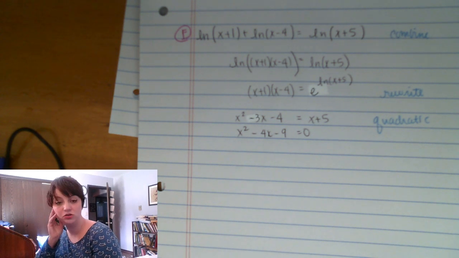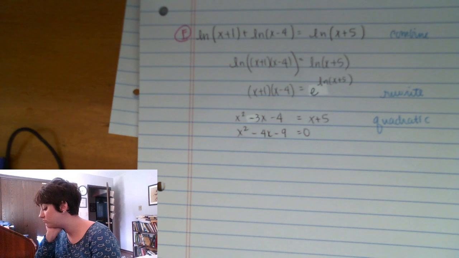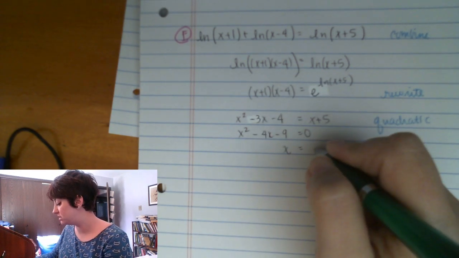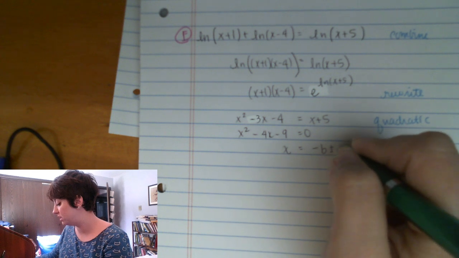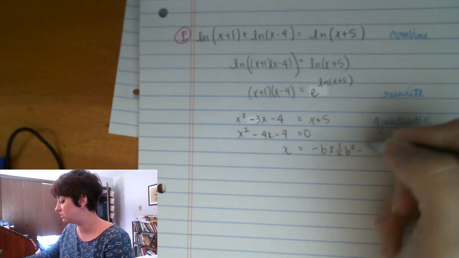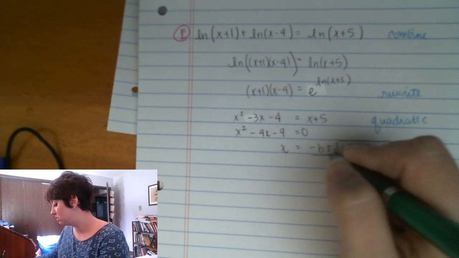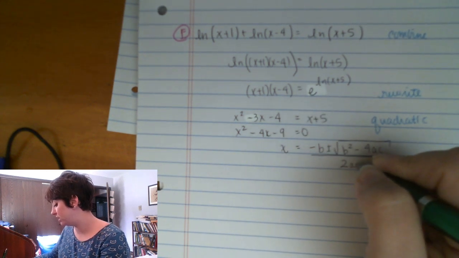This is another not factorable one. All right, so x is negative b plus or minus the square root of b squared minus 4ac, all over 2a.